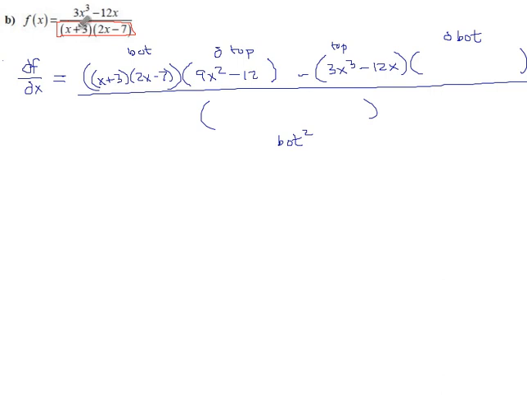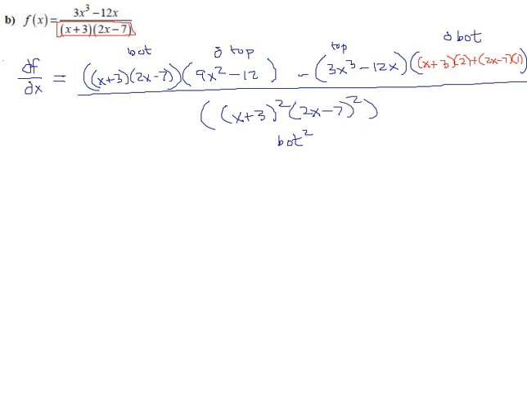I must invoke the product rule now, which says you do first d second. Derivative of the second is simply 2 plus second times derivative of the first, which is just the number 1. And that's all over the bottom squared, which means x plus 3 squared and also 2x minus 7 squared.